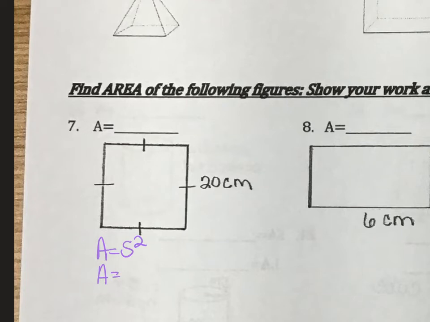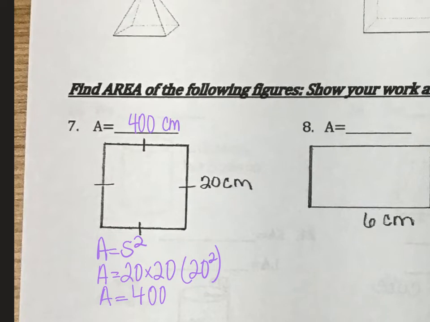Area equals 20 times 20, or technically 20 squared, but really you're multiplying them. And so area equals, everyone, 400. We are finding area, so our answer is in centimeters squared, okay? Centimeters squared.